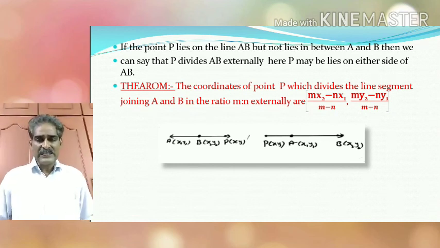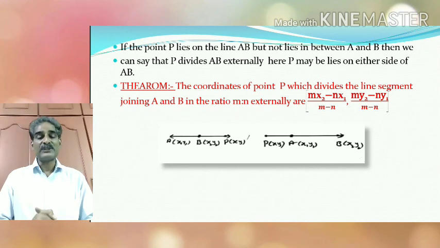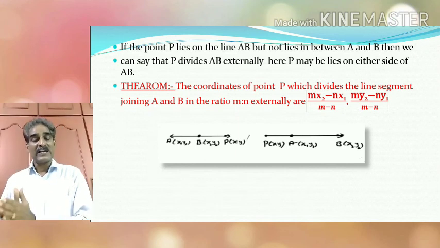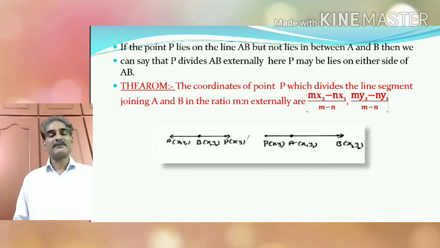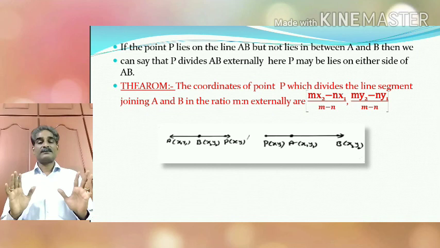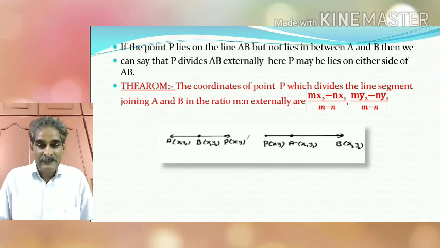The statement is: the coordinates of point P which divides the line segment AB in the ratio m is to n externally are ((mx2 - nx1) by (m - n), (my2 - ny1) by (m - n)). This is the formula to find the point when it divides the line segment externally.